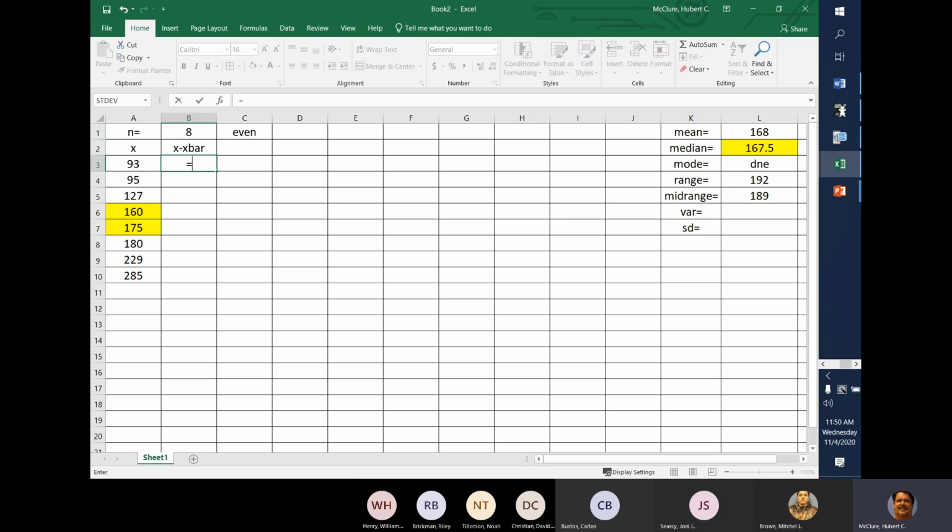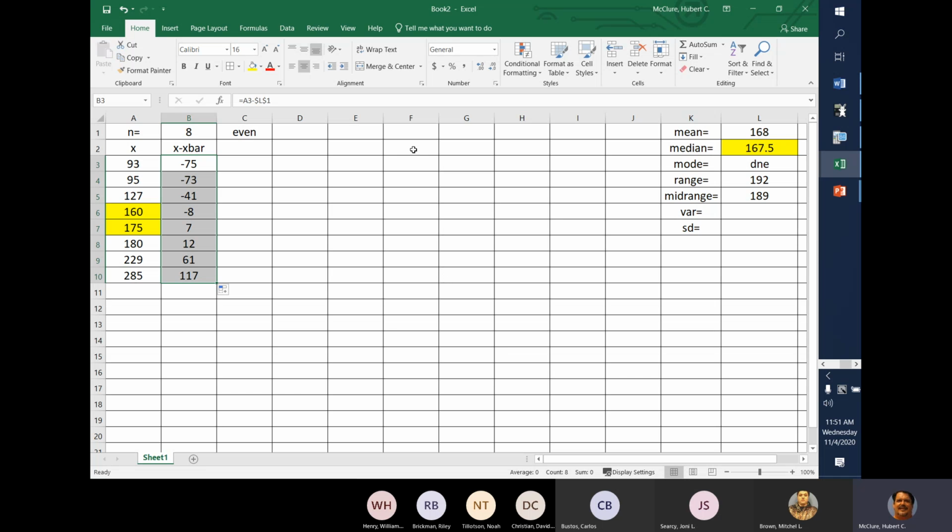So I'm going to take 93 and I'm going to subtract the mean. Hit enter. And I need you right now with your notebook and your calculator, I want you to do that with each one of those to make sure you get the same numbers I get. So do that right now.